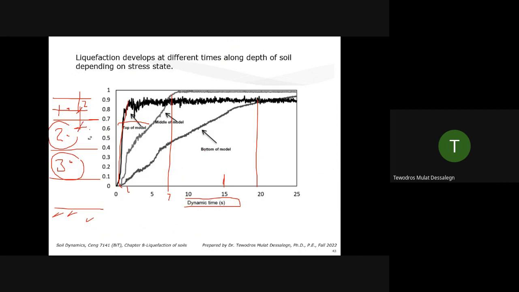By putting those monitoring transducers and pressure meters, you can really calculate it in the lab test. Either lab or software like FLAC can also give you this. Do a dynamic analysis with soil only, and it tells you when liquefaction is occurring.